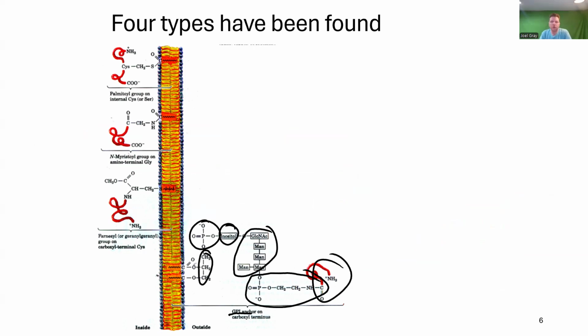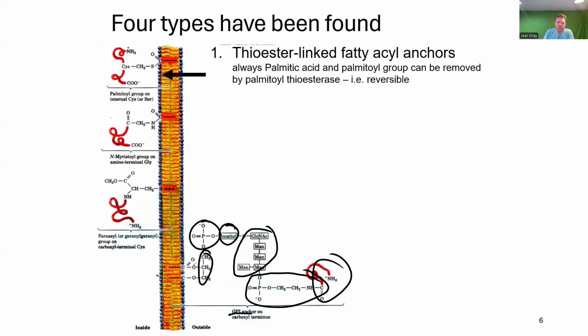So there are four major types of linkages that connect lipids to proteins. One is you could have a thioester linkage. So a fatty acid can be anchored to a cysteine or a serine. So I want you to know that cysteine or serine. Okay, that's one place in which a fatty acid can be added.